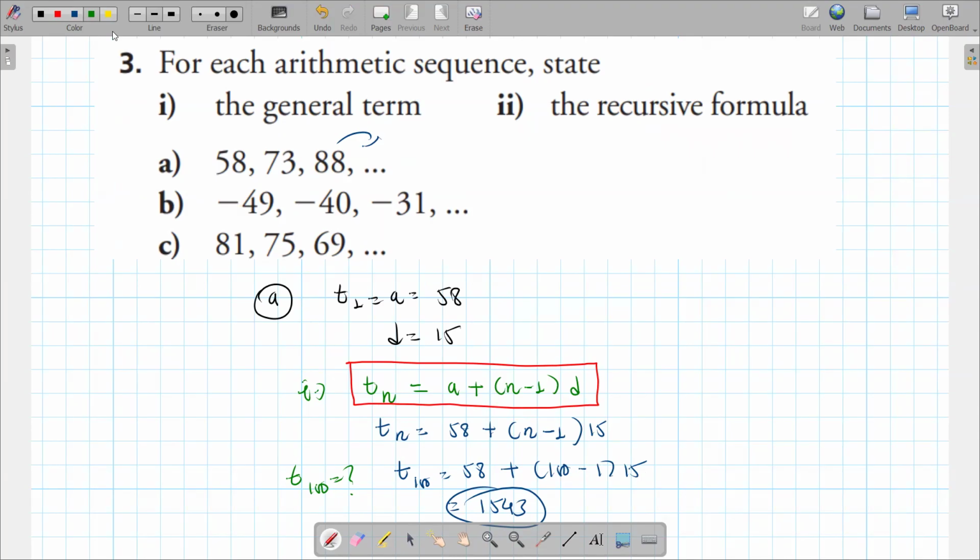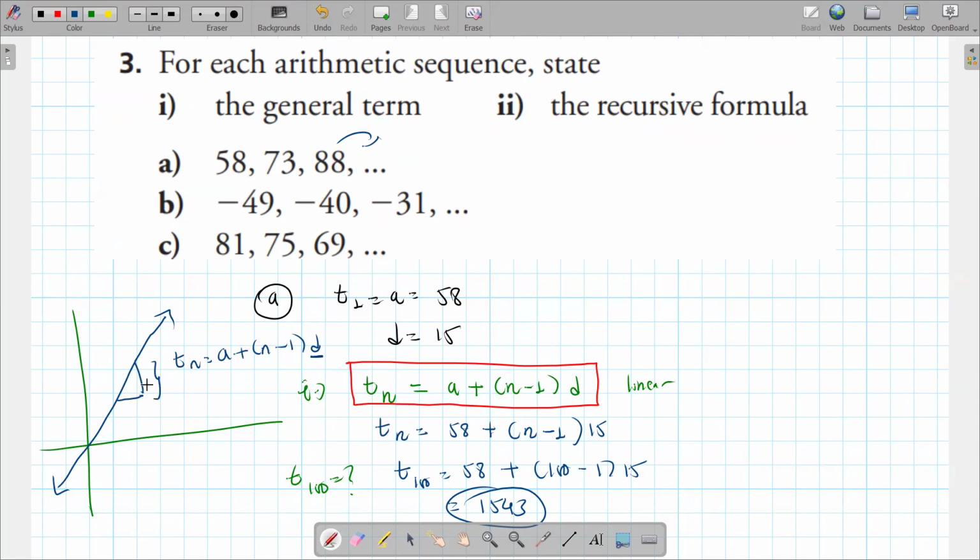If you have the term, you can always find the term number. This is a linear equation, by the way. An arithmetic sequence is a straight line. So this is Tn equals a plus n minus 1 times d. D is your slope. This slope, rise over run, is d. A is your y-intercept, and n is your x, basically.